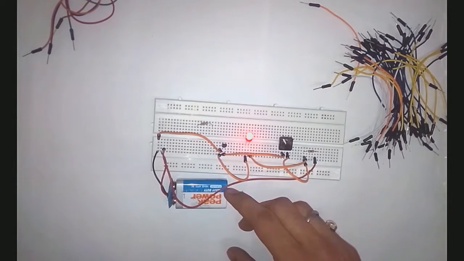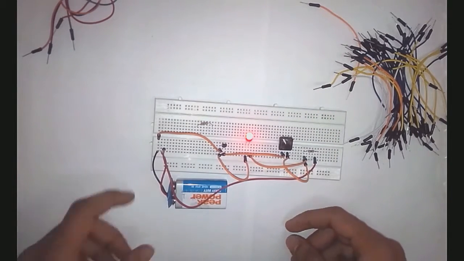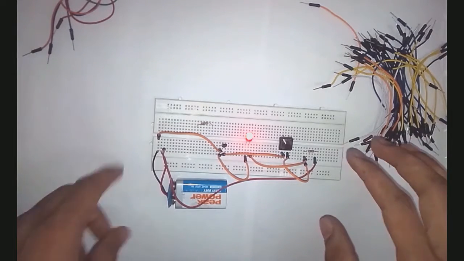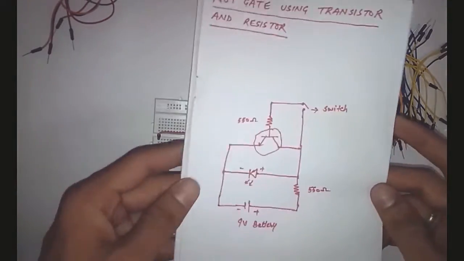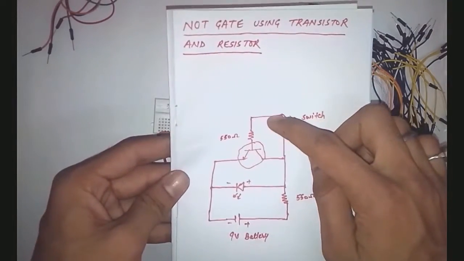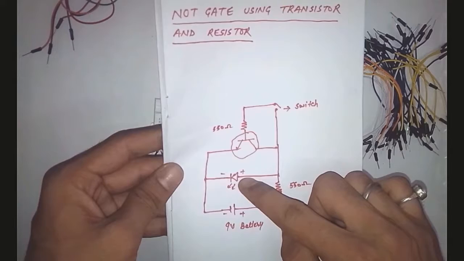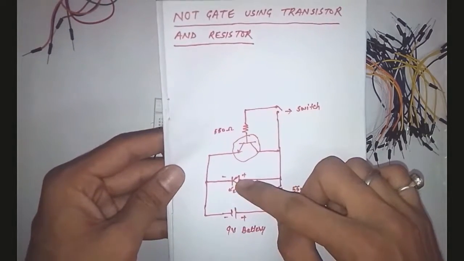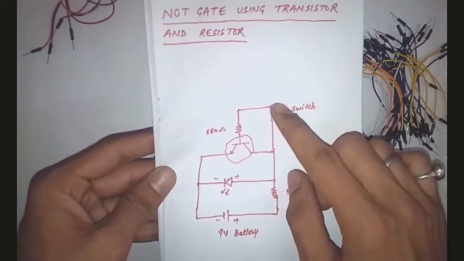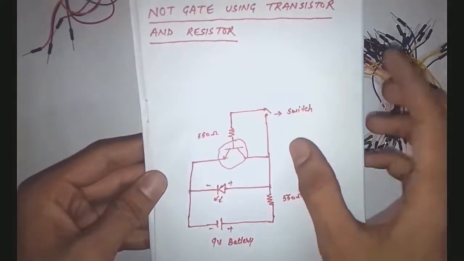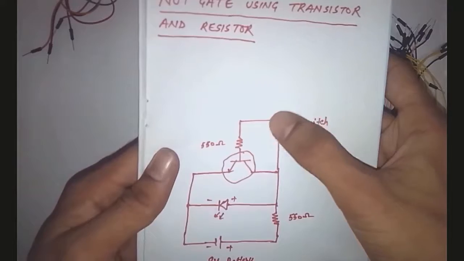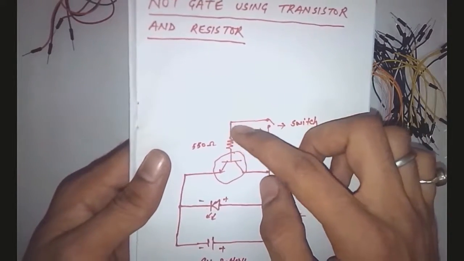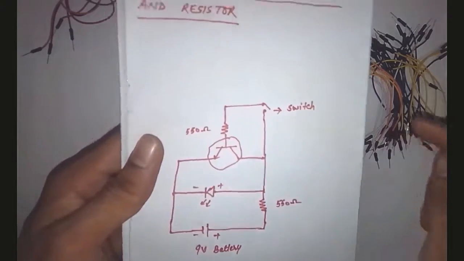So what is the reason? As we know about the NOT gate, this is also called the inverter gate. When we are giving 0 here, then we will find the output 1. If we are applying no voltage, then the LED will glow, and if we give some voltage to this switch, then the LED should be off.